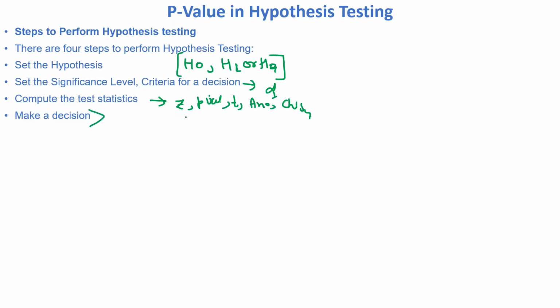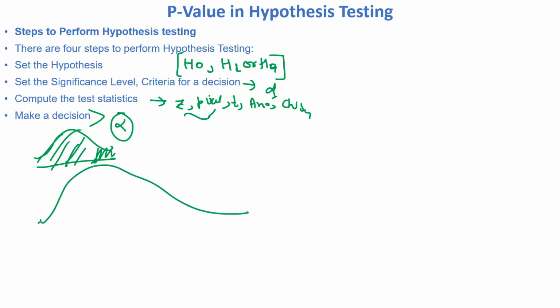Whatever value we get, we verify it against the critical region or the critical value, to see whether our test statistic falls in this particular region or that one, for a one-tail test or a two-tail test. This is a two-tail test, with alpha by 2 on each side.